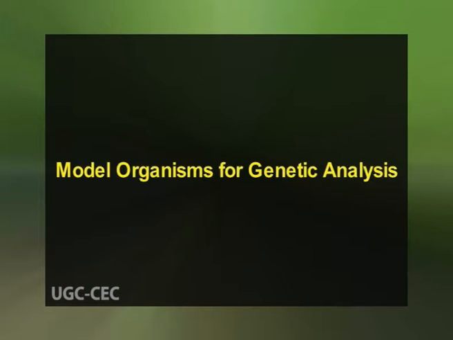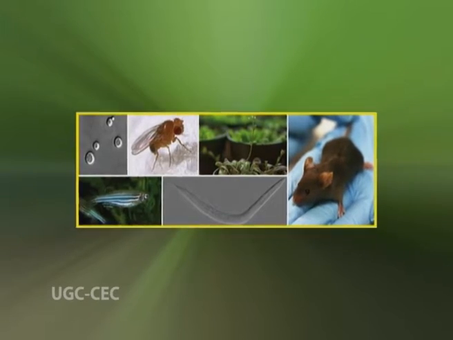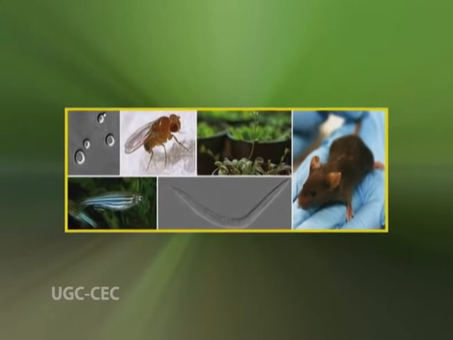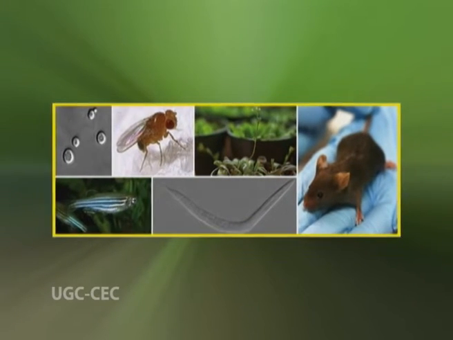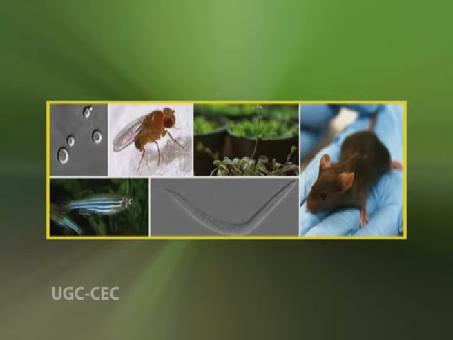Friends, we will now study model organisms for genetic analysis. Model organisms are non-human species that are studied to understand specific biological phenomena, with the expectation that investigations made in the model organism will provide insight into the workings of other organisms.